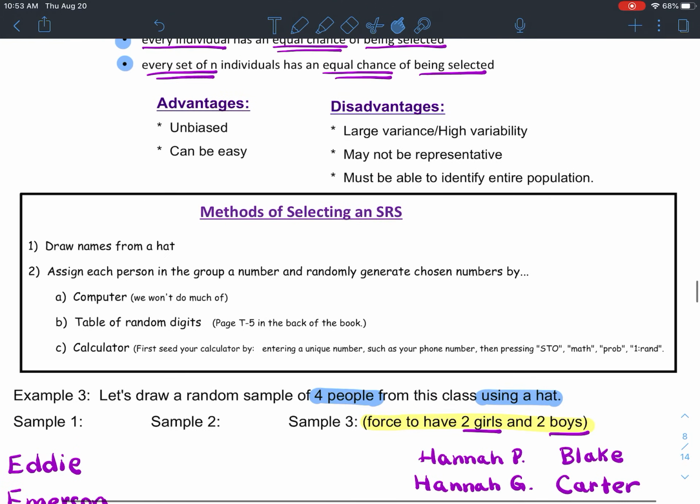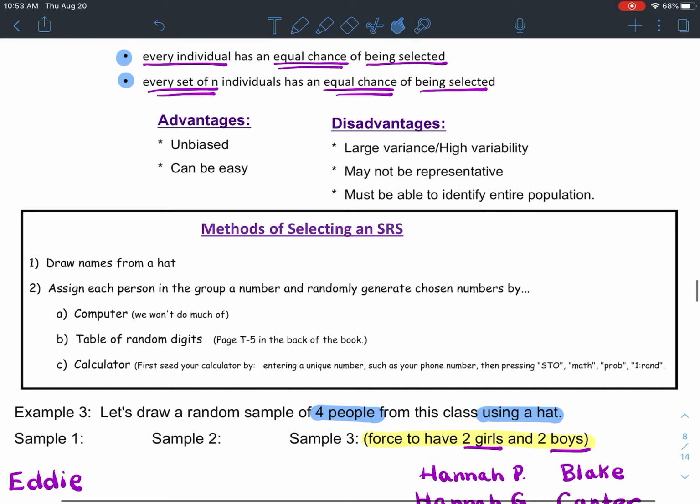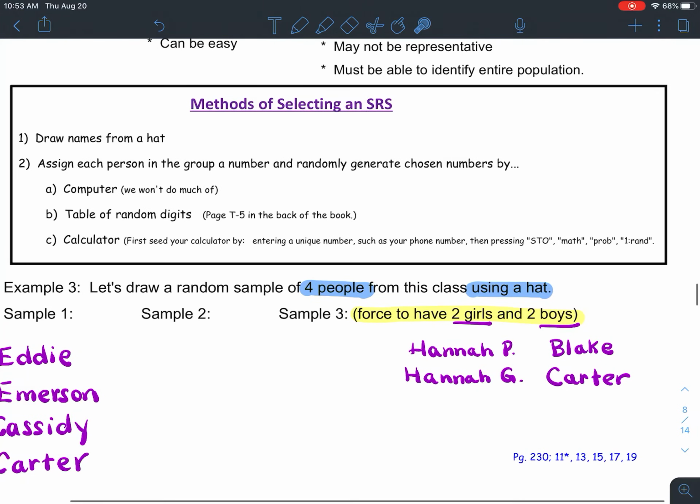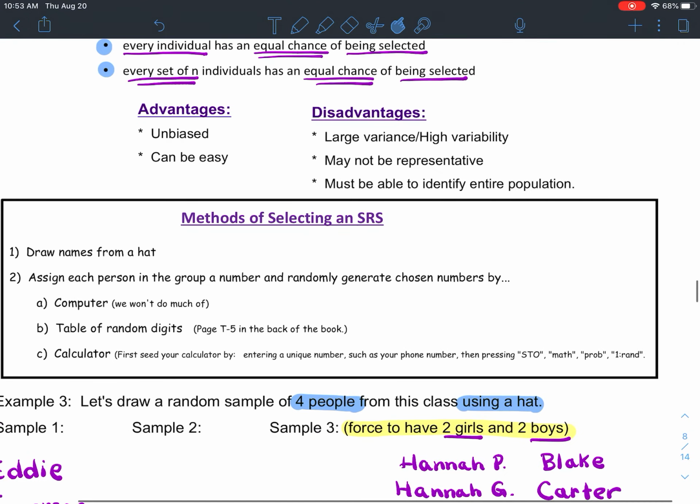Okay, now the question is, is this actually a simple random sample? Well, it has to meet both these criteria to be a simple random sample, okay? 1, did every single individual have an equal chance of being selected? Yes, you did, because even though you were in separate hats, you all were in a hat. You all had an equal opportunity to be chosen. So it meets that criteria.